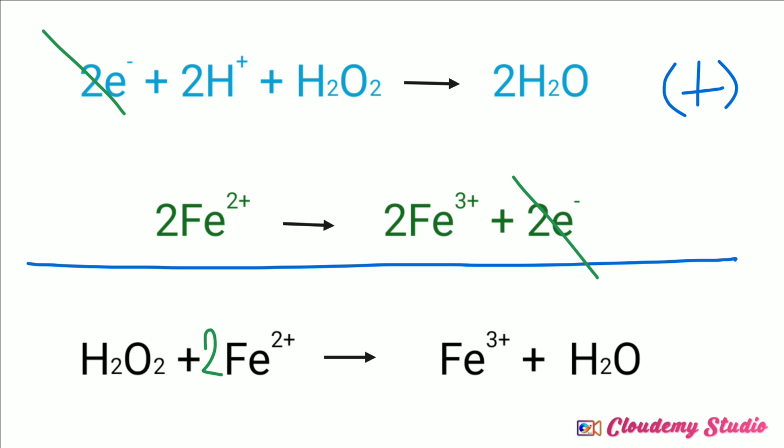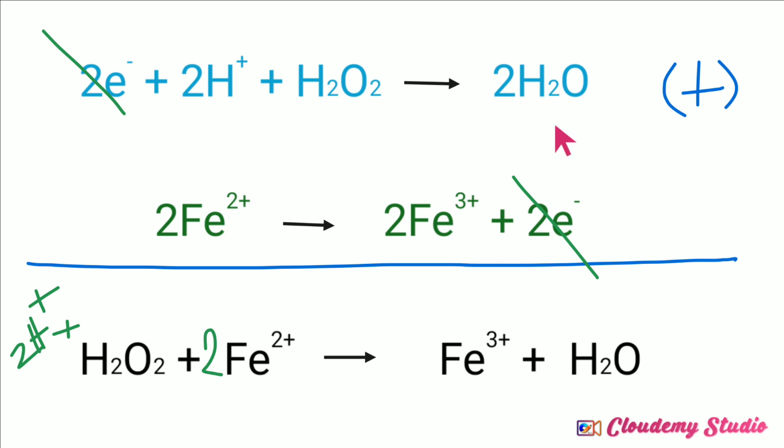That we need to write on the left hand side. So the left hand side we have completed: 2 moles of Fe2+, hydrogen peroxide, 2 moles of hydrogen ion.